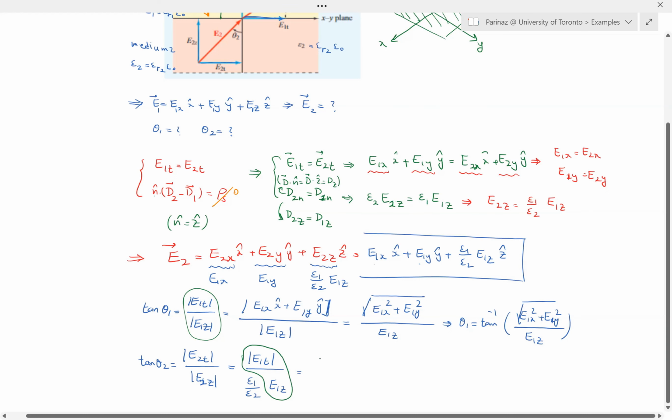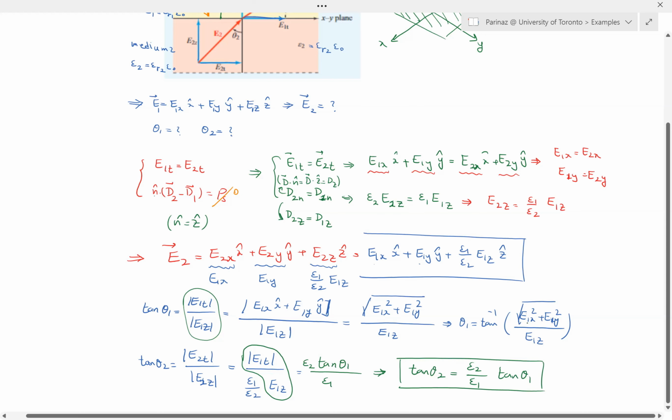So we can say tangent of theta 2 is tangent of theta 1 times epsilon 2 over epsilon 1. This is a very important conclusion: tangent theta 2 is epsilon 2 over epsilon 1 times tangent of theta 1.